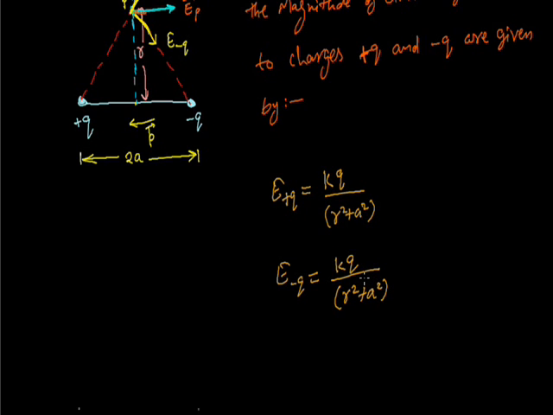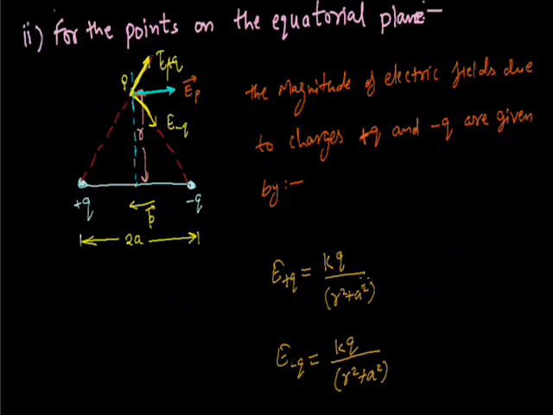If we take the components of these two electric fields at point P, the component which is normal to the dipole axis will definitely cancel away, and the component along the dipole will add up.